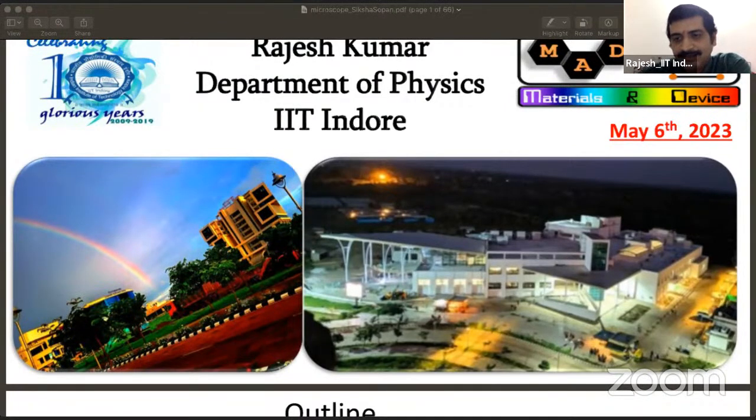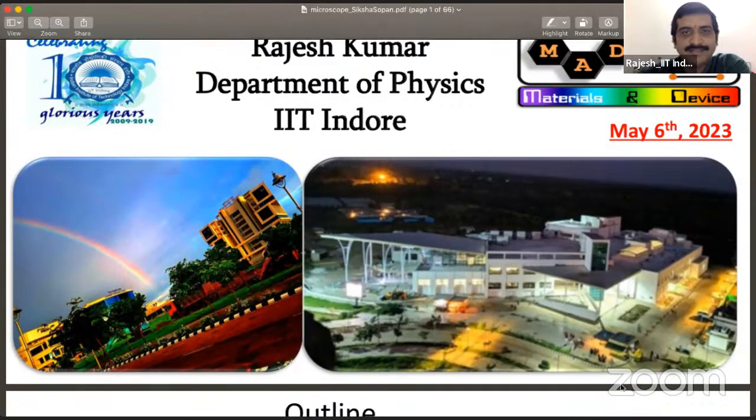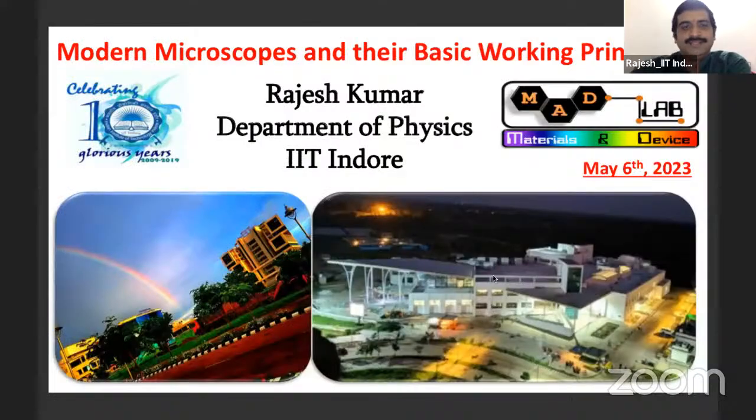So let us start. I hope you all can see this window, and I will put it in full screen mode. This is the simple title slide: modern microscopes and their basic working principles. These are photographs from IIT Indore.